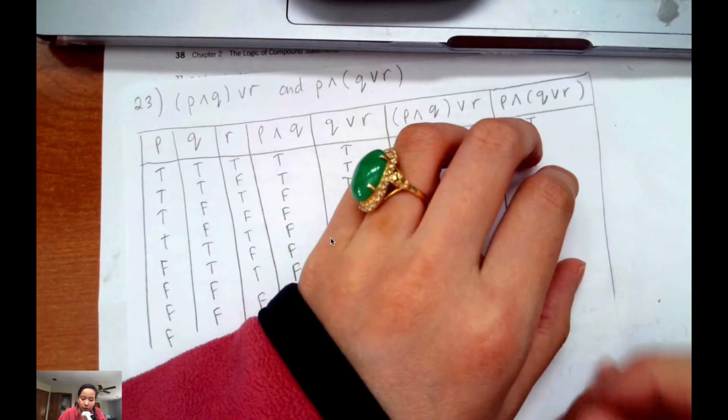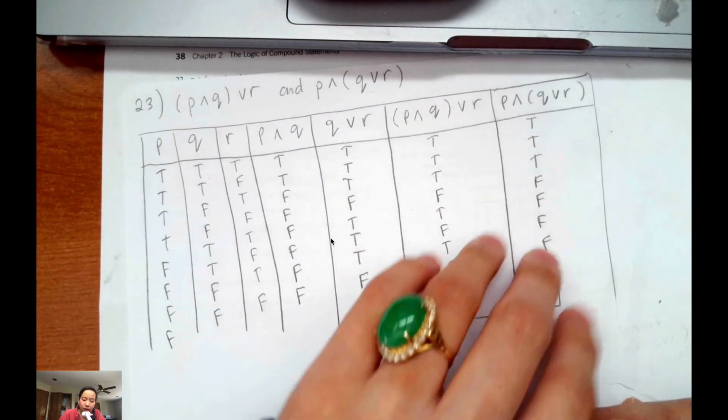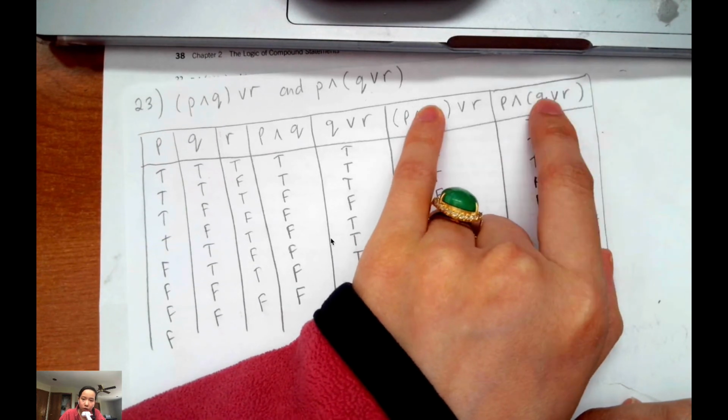So because these two columns have different truth values, we can say that the statement forms are not logically equivalent.